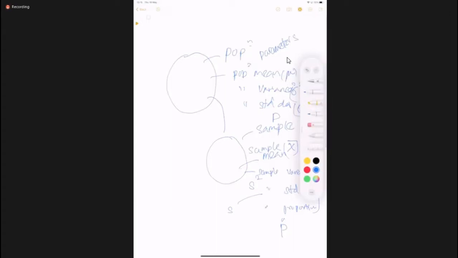Right. So what I need to explain here is that there are some differences between these parameters and statistics. The main difference is that we find population parameters for population data, and we find sample statistics for sample data. That's why I told you sample statistics are related to a sample and population parameters are related to a population.